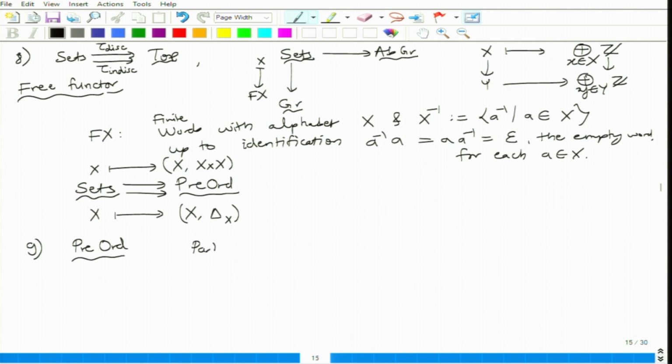It's not necessary that they are sets, just from preorders to partial orders, and this mapping is the quotient. If I am given a preorder P, less than or equal, then I am going to map it to P quotiented out by less than or equal intersection greater than or equal.